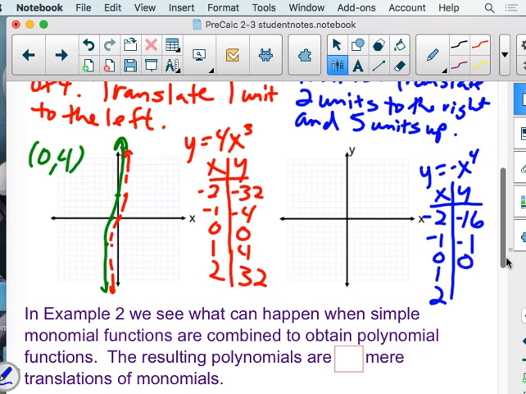Got a 0. And at this point, you might say, well, I already know what the other ones are going to be because this is symmetric. But just in case, you put your 1 in there, you get -1. You put your 2 in there, and you get a -16. Which again, we know to aim for, but not necessarily going to be on our graph.